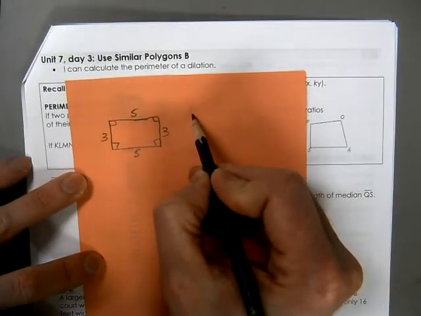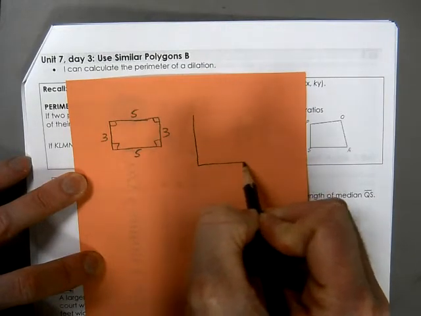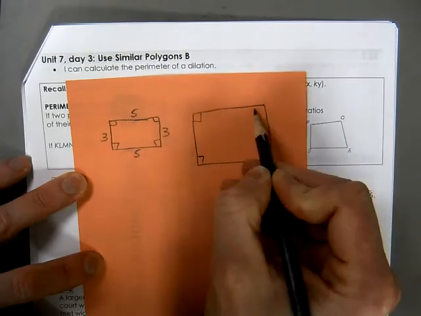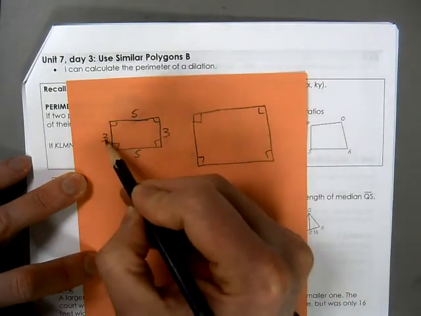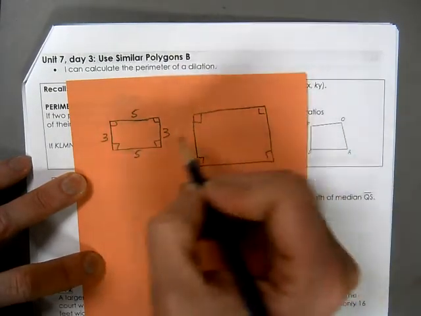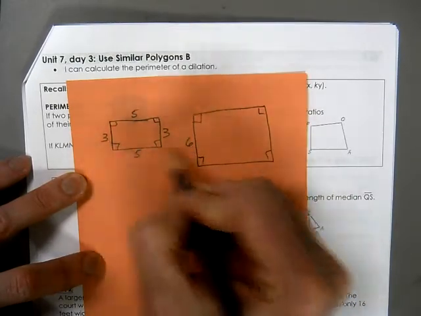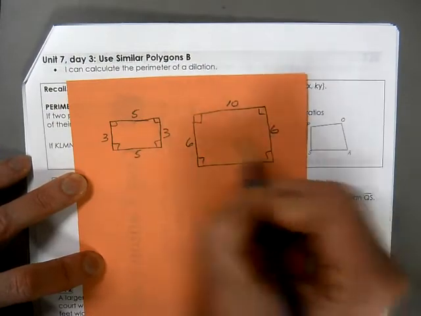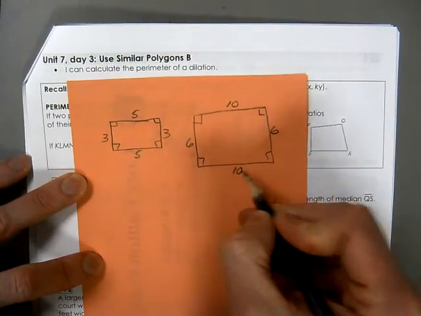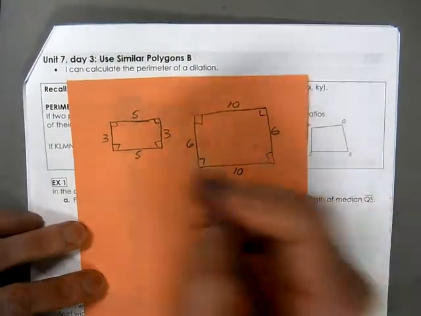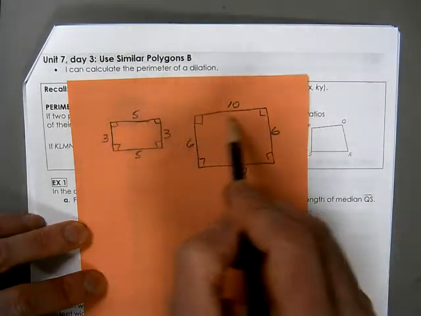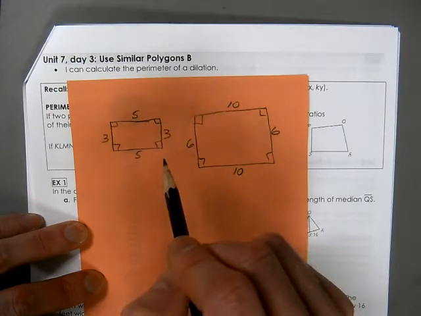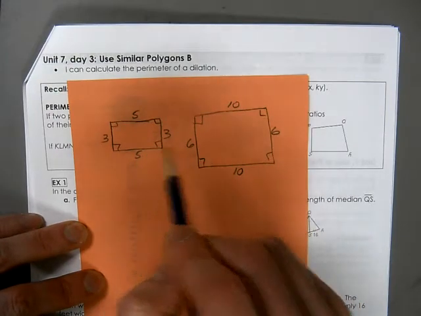And if we have a different rectangle here, call it a larger rectangle, we'll say that maybe it's twice as big just for fun, so 6, so times 2, so this side we'll say is times 2, and opposite sides are congruent. So because the angles are congruent and the sides are proportional, we know the two rectangles are similar.